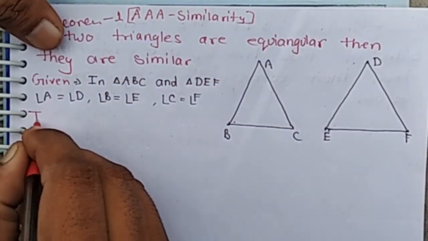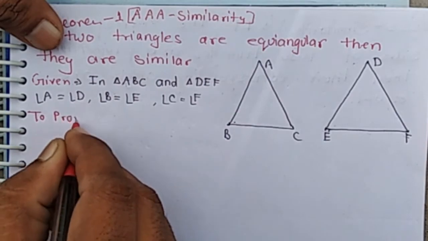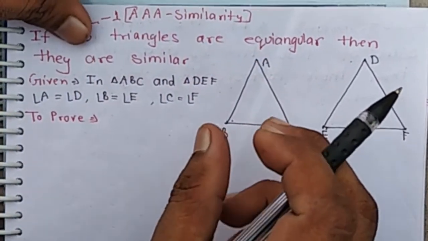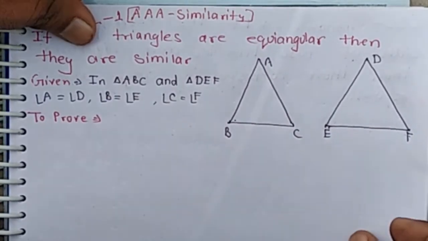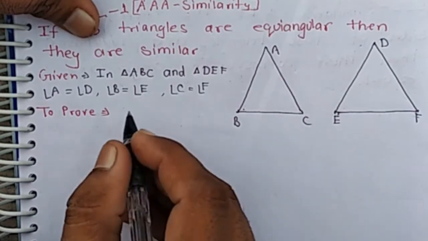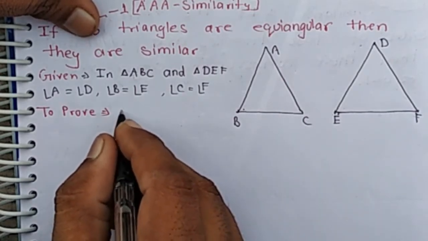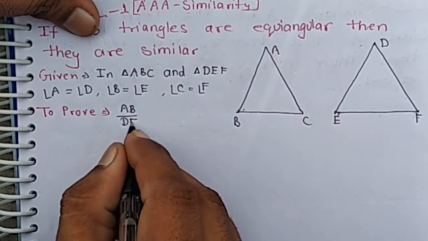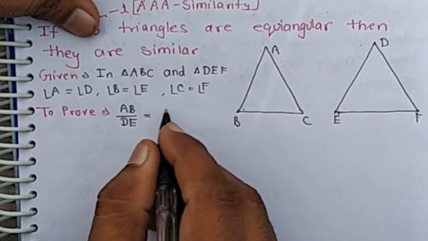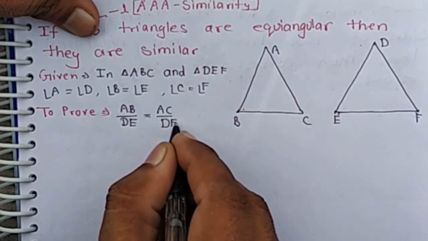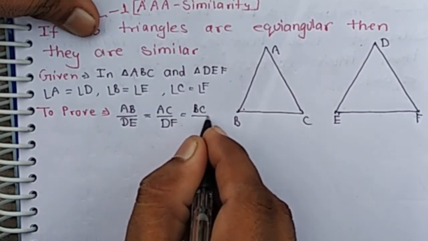To prove that these two triangles are similar, we have to show that their corresponding sides are proportional, that is, AB by DE equals AC by DF equals BC by EF.